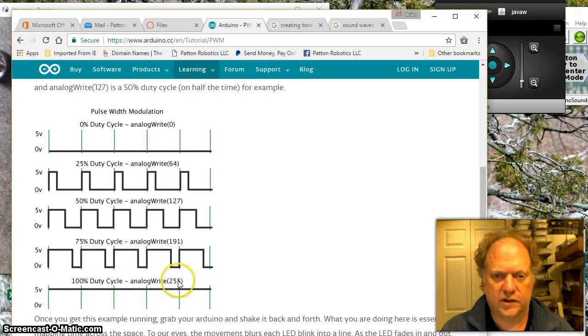All right, and of course at 100%, 255, it's always on. But keep in mind that all of these are a percent of a 2 millisecond time unit, a period. And we're not really going to get much change in tone if we do that.